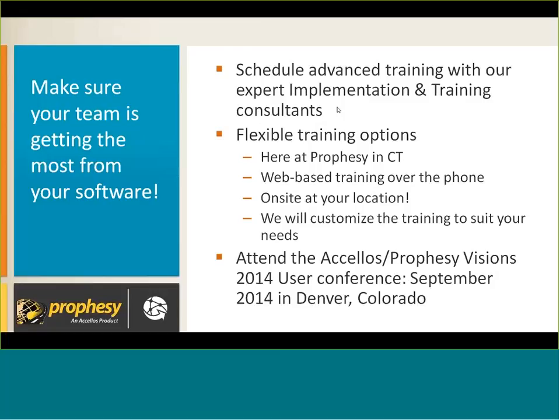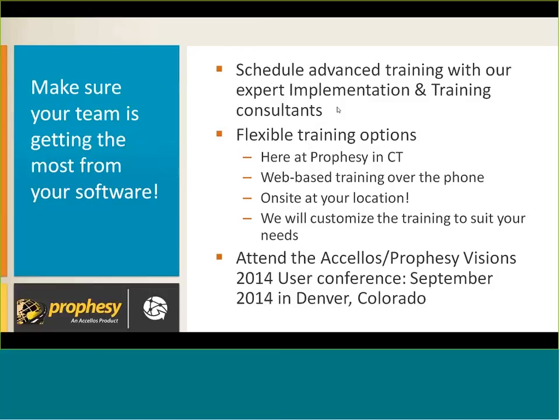Another way to get a lot of training and learn a lot about what we do, both here at Prophesy, and learn more about Excelos and what Excelos can offer you, is to attend our user group. Our user group this year is coming up. It's the 3rd week in September, and it's in Denver, Colorado. All of you should have received information on that by now. If you haven't, or if you missed it, you'll certainly see it, or you could go to our website to learn more about that.